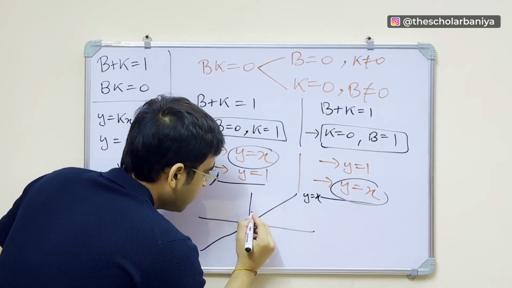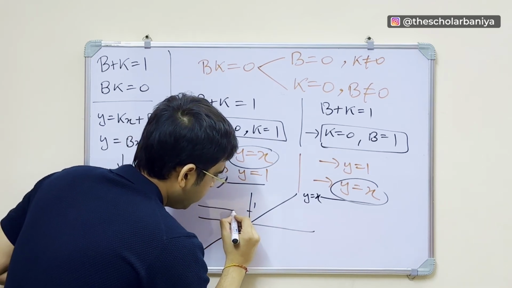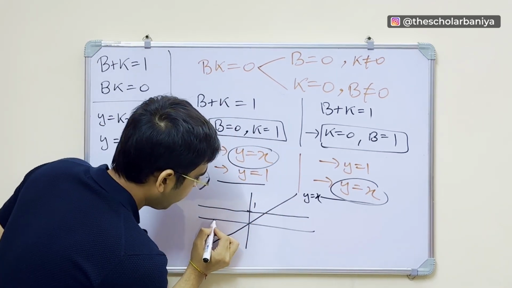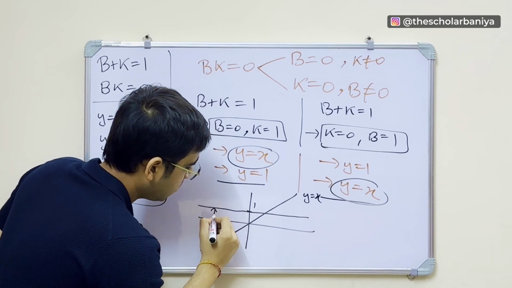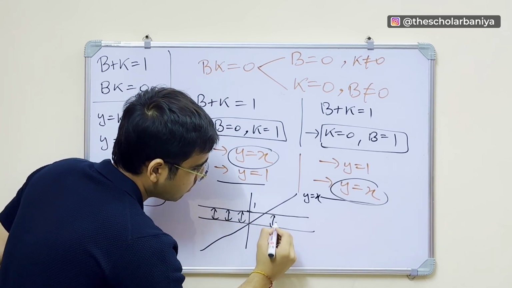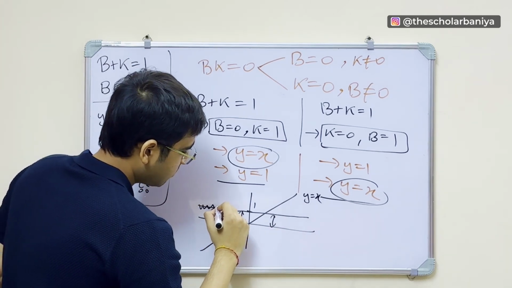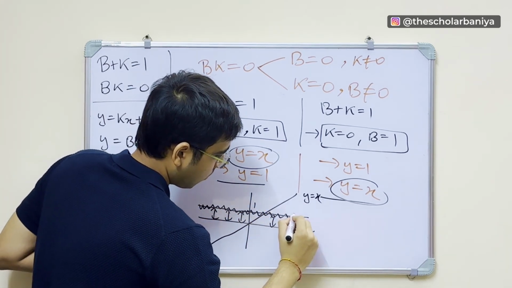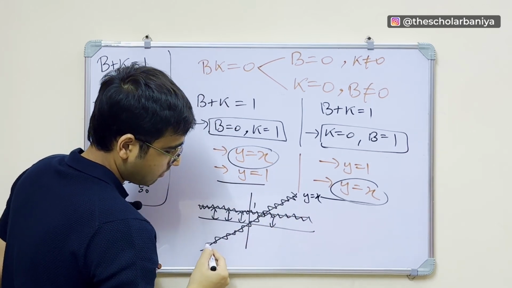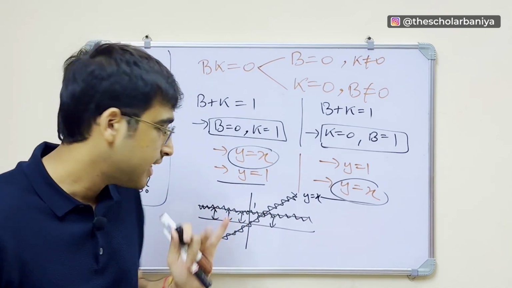So for example, if this is 1, y is equal to 1 is this line, because at any given point, the distance is always 1. So these are the two lines. I hope this should be clear. These are the two possible lines.